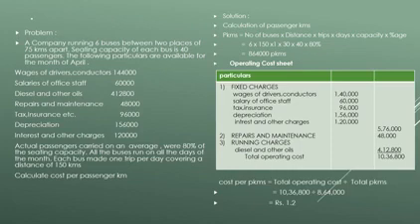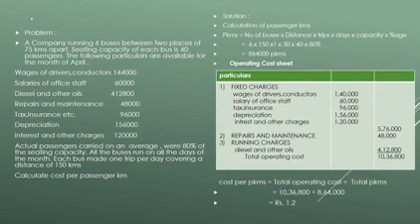The problem is like this: a company running 6 buses between two places 75 kilometers apart. Seating capacity of each bus is 40 passengers. The following particulars are available for the month of April. Wages of drivers and conductors 1,44,000.